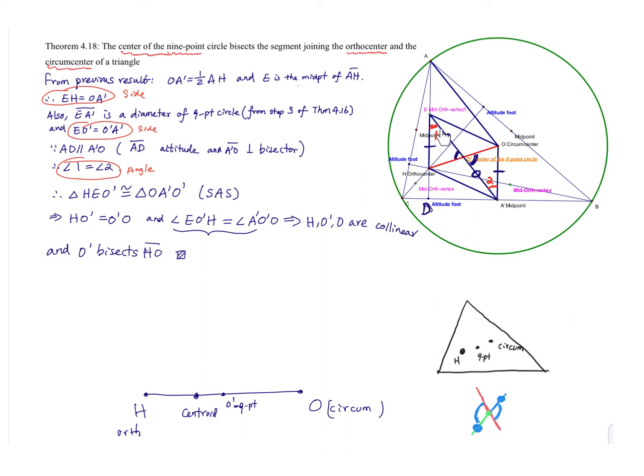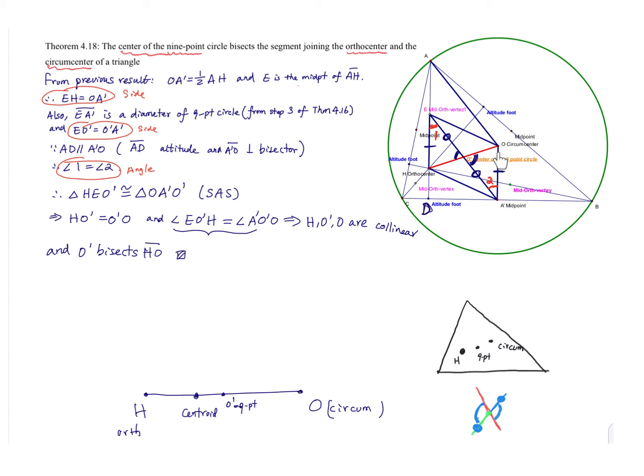So because this is a diameter, the center cuts this diameter into 2 equal parts. So EO' equals O'A'.